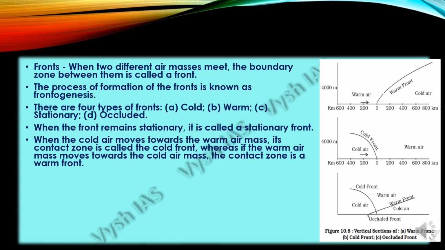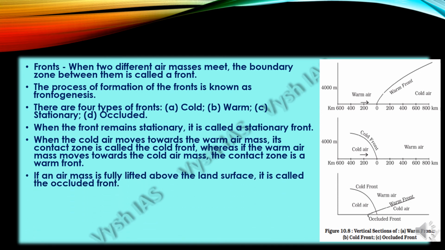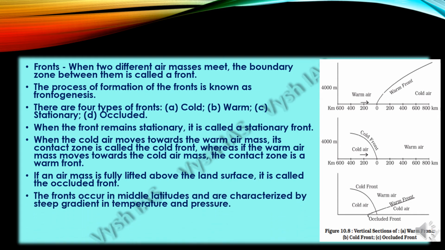When the cold air moves towards the warm air mass, its contact zone is called the cold front. And obviously, when the warm air mass moves towards the cold air mass, that is known as the warm front. If an air mass is fully lifted above the land surface, it is known as the occluded front.